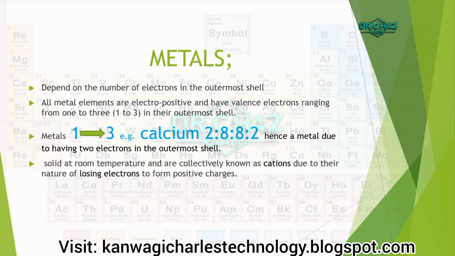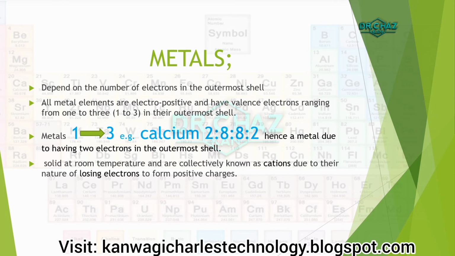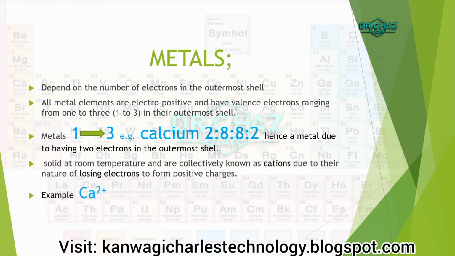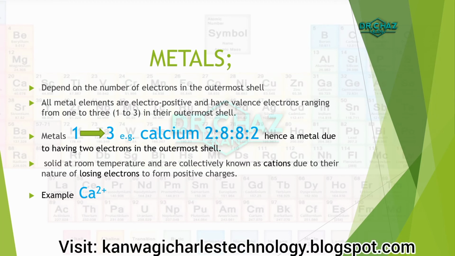So these metals have that tendency of losing electrons in order to form positive charge. Remember, when you lose electrons, you remain with protons, thus remaining with the positive charge, because we said protons are positively charged particles. Like cations, like calcium 2+, it has 2 positive charges, so it has lost 2 electrons to form a positive charge.